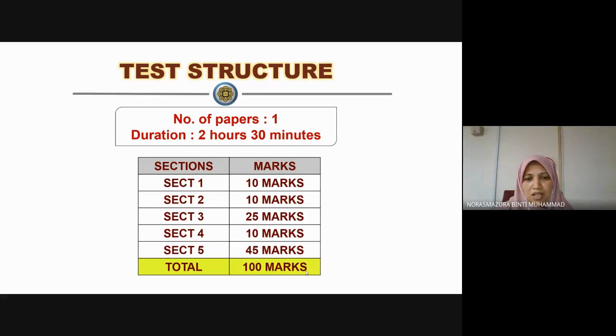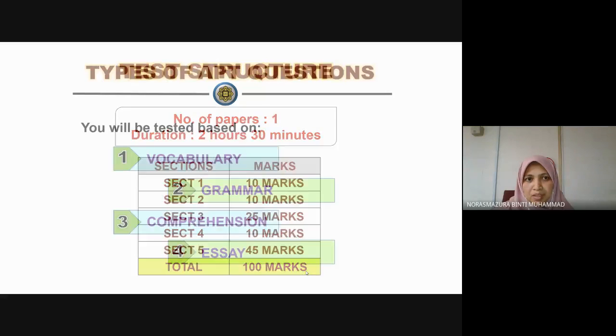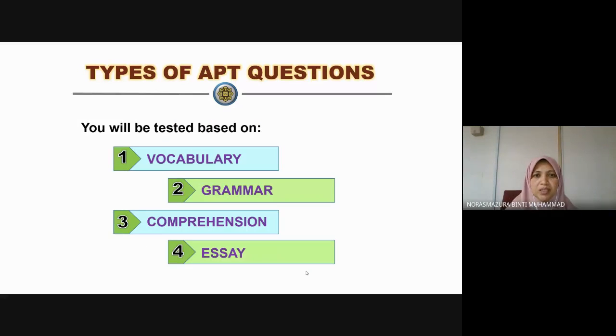Section 4, 10 marks. And section 5 is 45 marks. Overall 100 marks. Okay, you will be tested on first, vocabulary, second, grammar, third, comprehension, and fourth, essay.